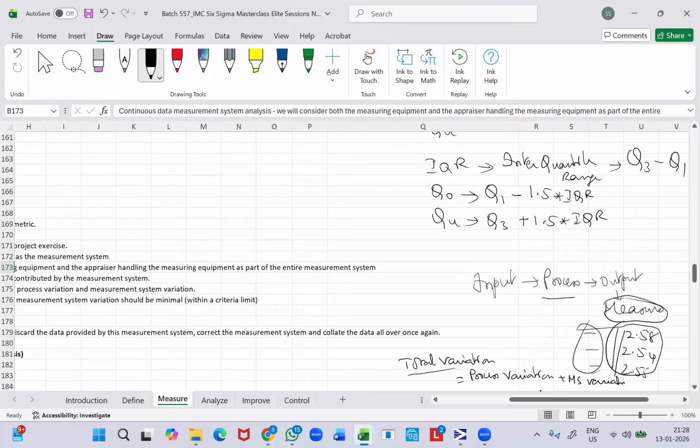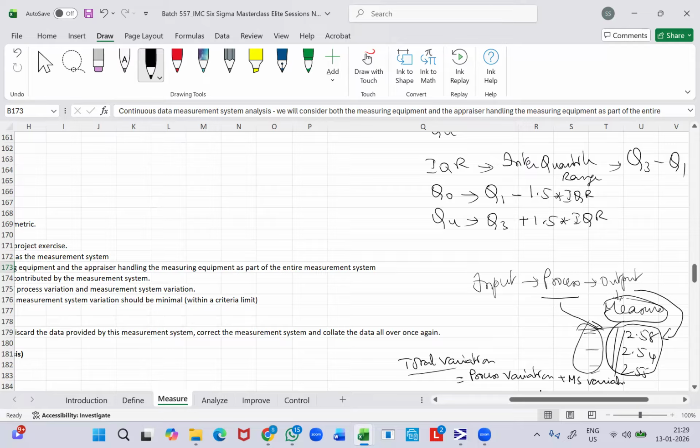The process here would have contributed to some variation in this data set, right? Which is quite obvious. Also, when we measure the output, the measurement system also would contribute to some amount of variation in the final data set, right? The measurement system, because the output is getting measured, and only then are we going to list down all these values.